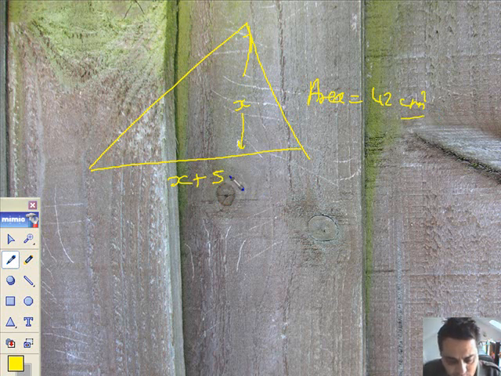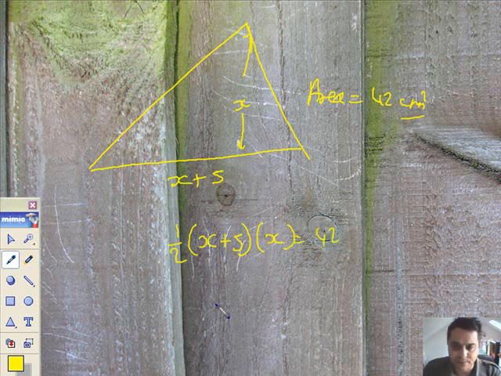Write down a quadratic equation for the area of the triangle. Okay, so half times base times height equals 42. Don't like this half, so let me just get rid of it. So x plus 5 multiplied by another x equals, take the 2 over and multiply, we have 84.